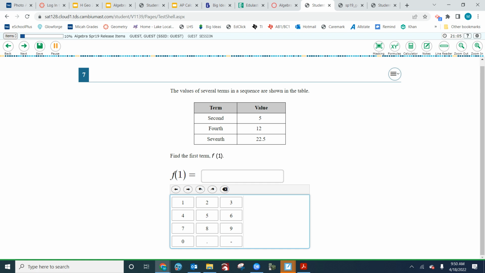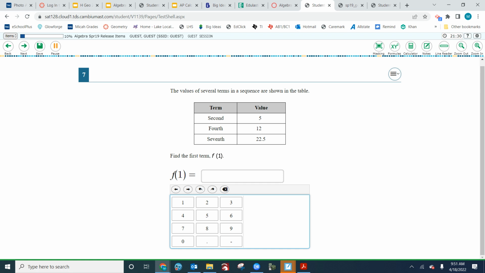Now, we don't know whether this is arithmetic or geometric. Do you remember the difference? Arithmetic sequences. Addition, subtraction, right? There's a common difference. Geometric? Common factor.